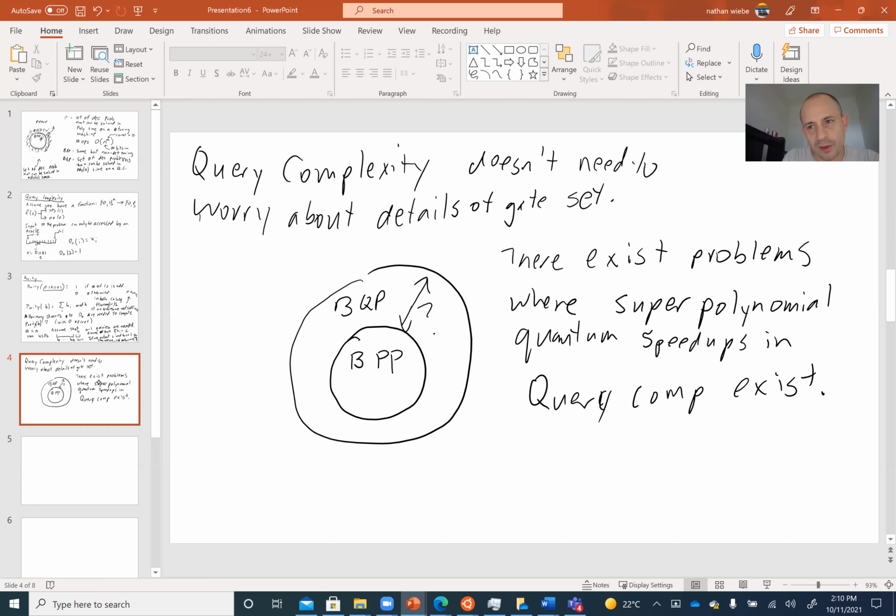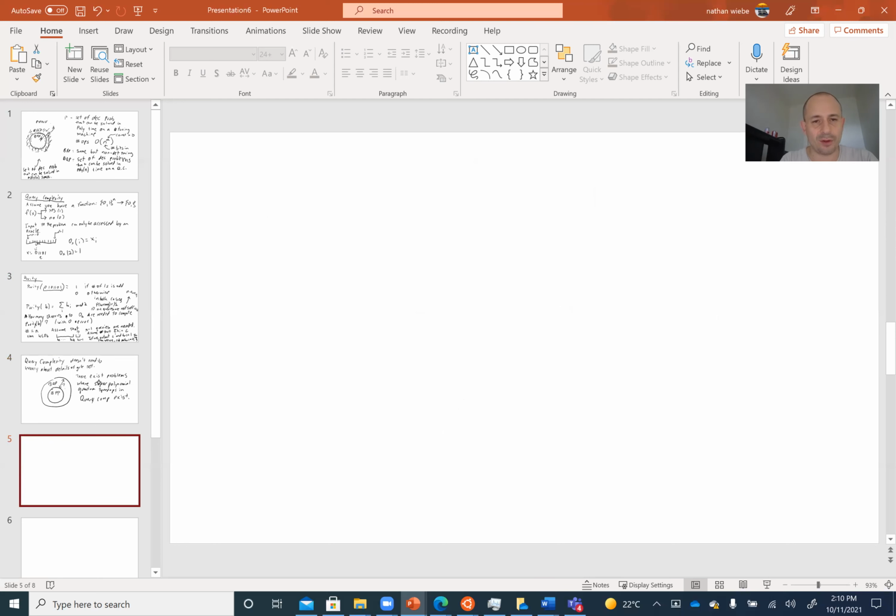And so this is something that is really cool, because it provides us with some of the most solid evidence that we have so far that quantum computers actually are more powerful than classical.